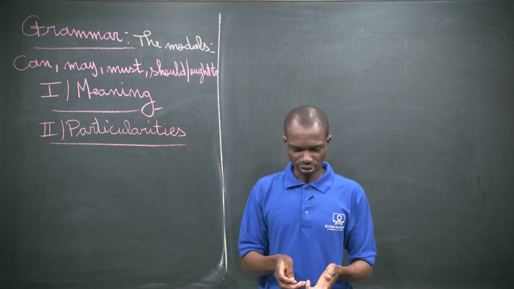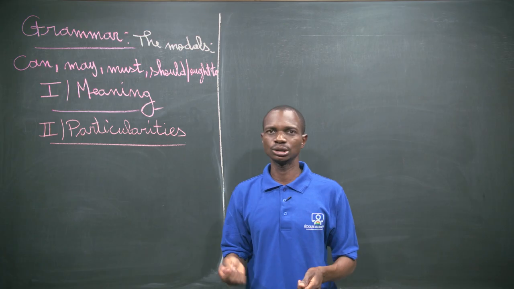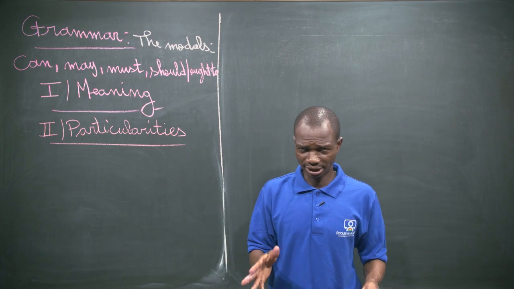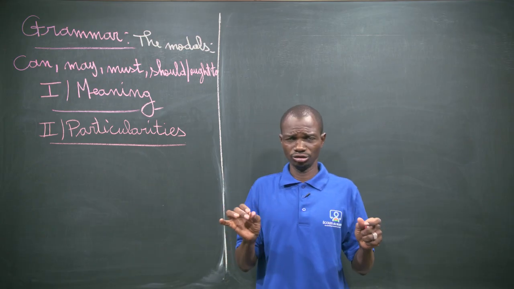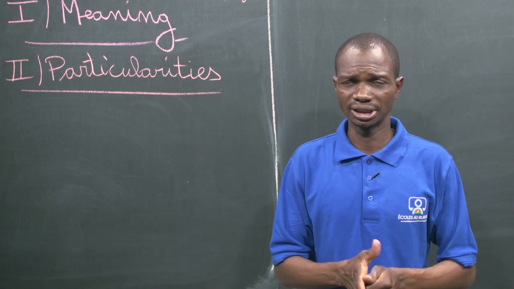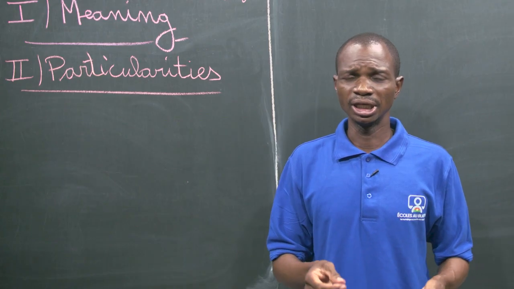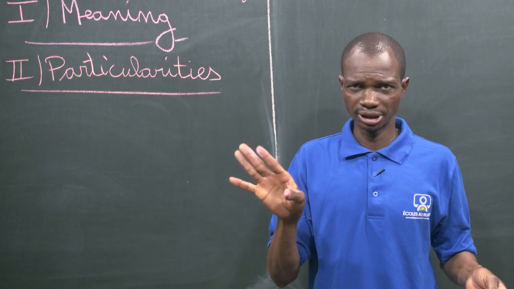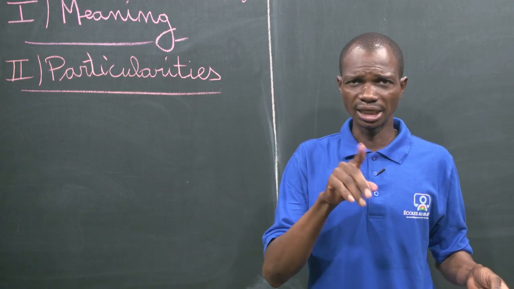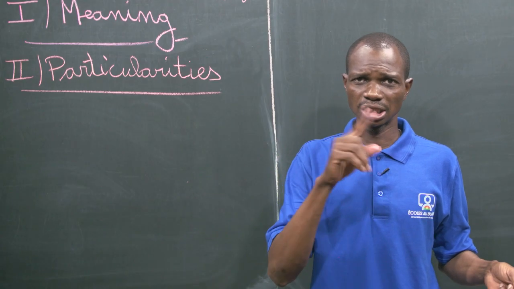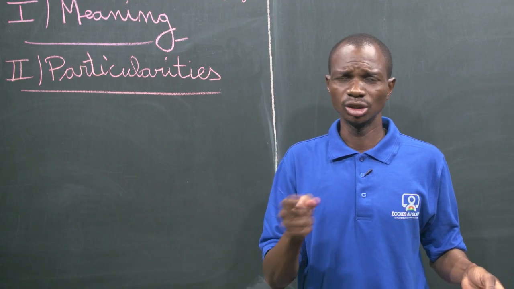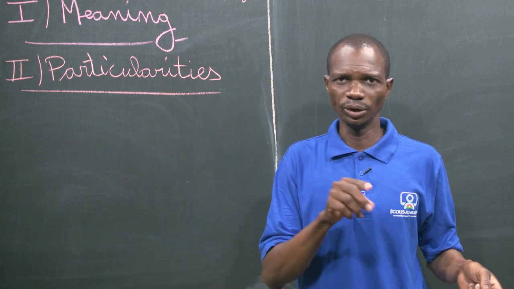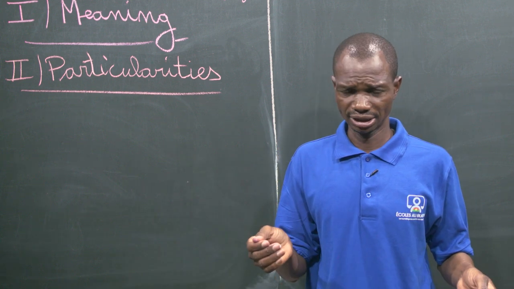Now, what are the particularities of the modal auxiliaries? Let's take an example of an ordinary verb, to eat. For the conjugation, affirmative form, simple present: I eat, you eat, he, she, it eats with S, we eat, you eat, they eat.